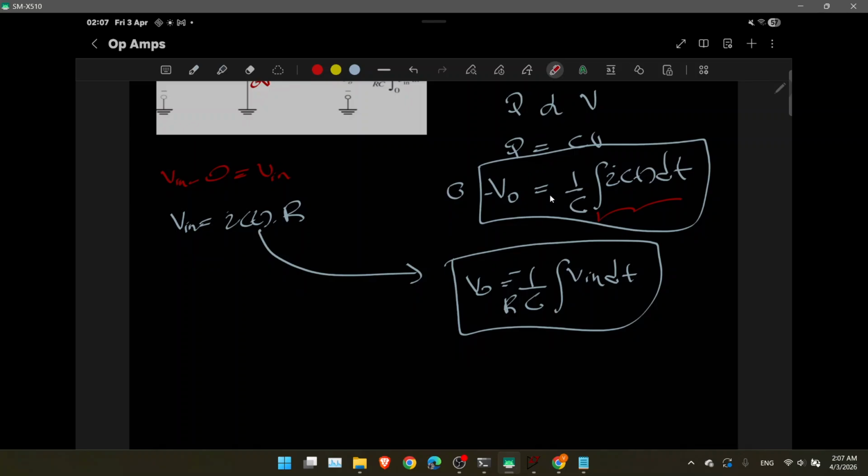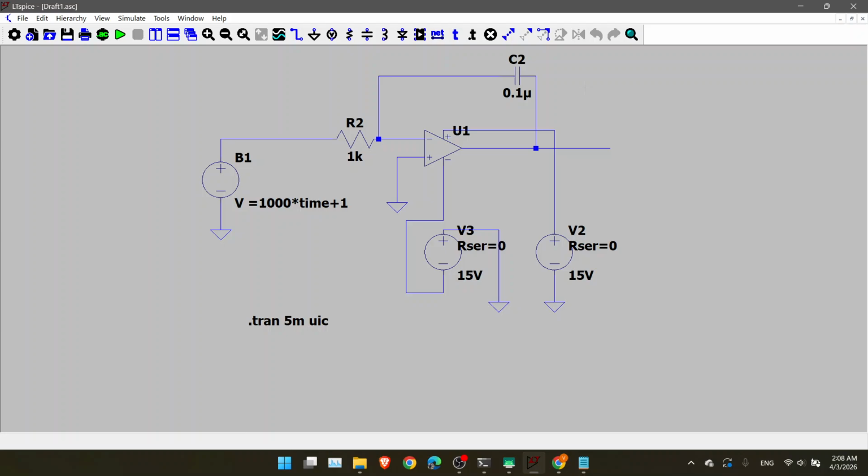So now let's see by simulating how this is happening, by a silicon to a mathematical integration. So in this simulation, I used LTspice. It's a really good software that you can do simulations.